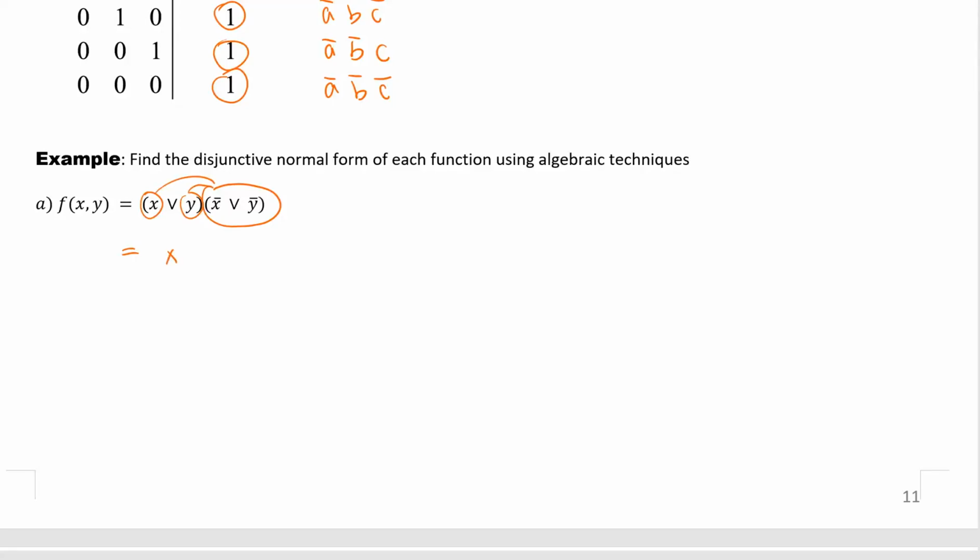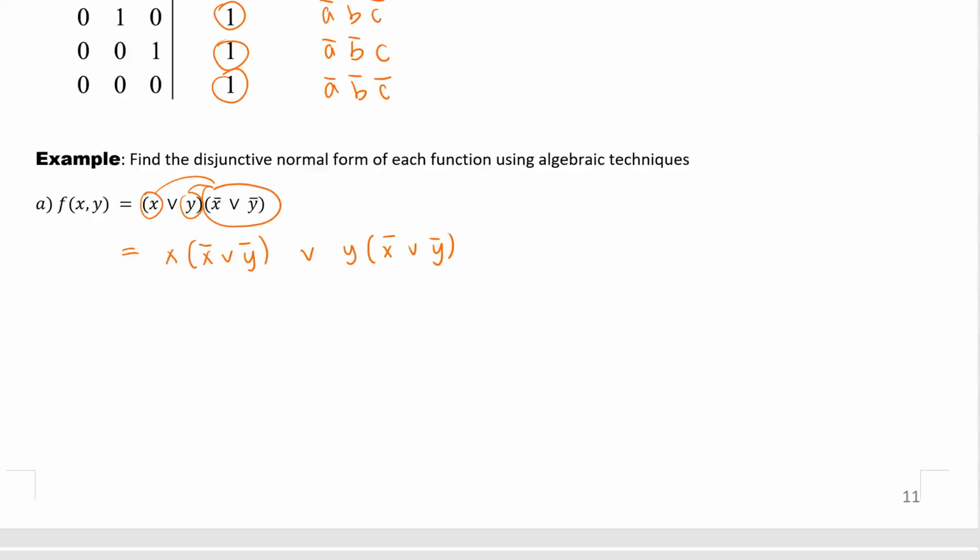So we have x times, actually times is the same as AND in our expressions, and the OR is the same as plus in our Boolean expression, right? And then we have OR y times x bar y bar.